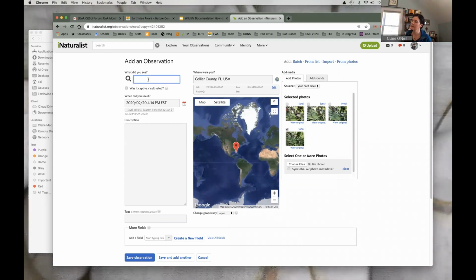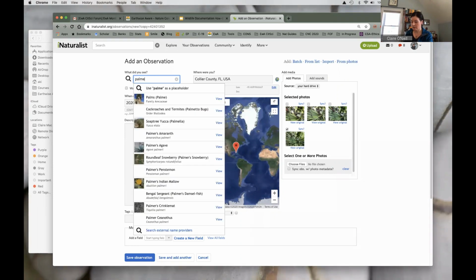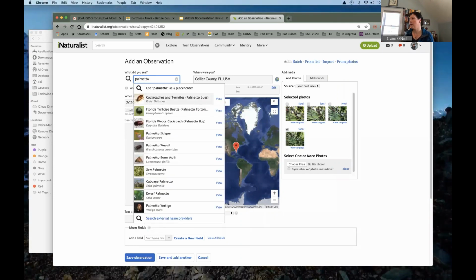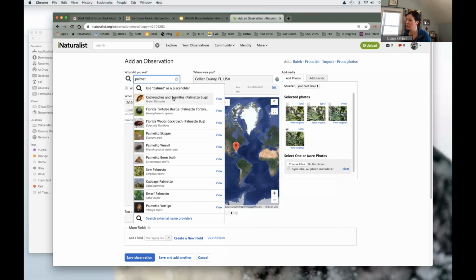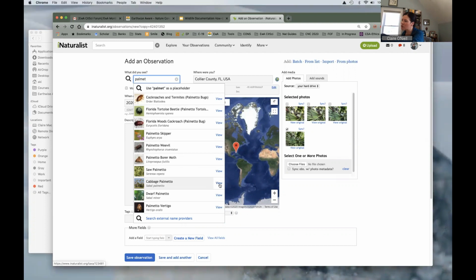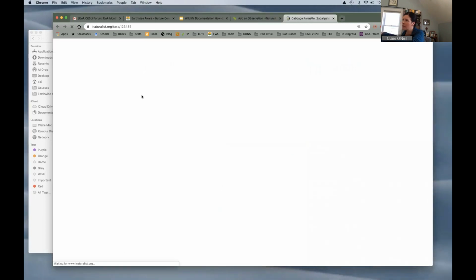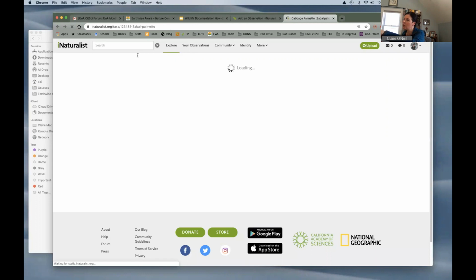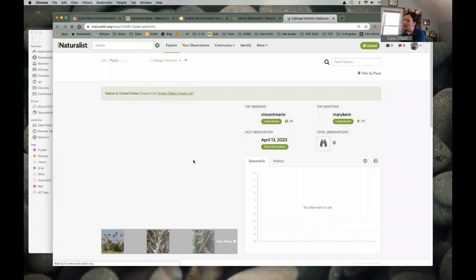And here, I don't know if it's going to say anything. No, it doesn't. Is it one T or two T in palmetto? It's not a cabbage palmetto, I don't think so. I'm going to look at the taxonomy here.